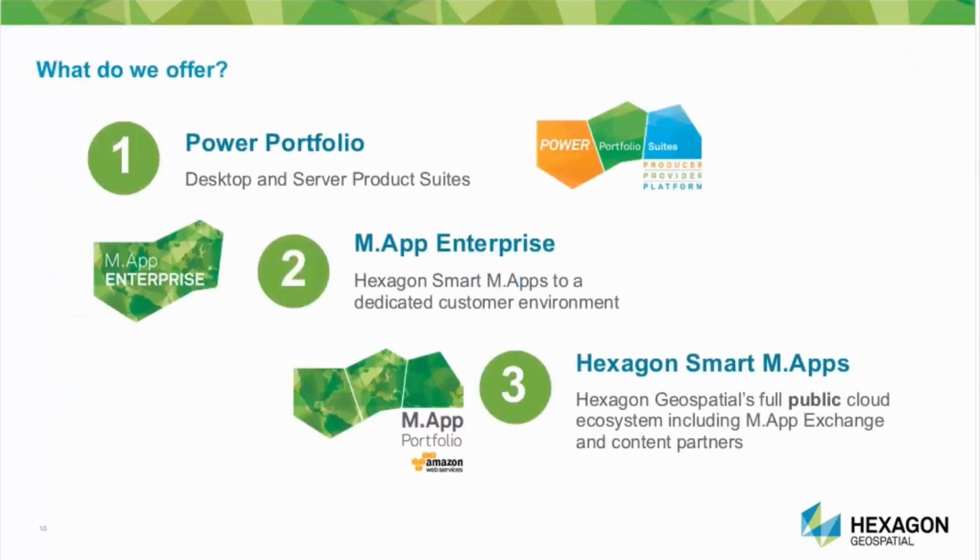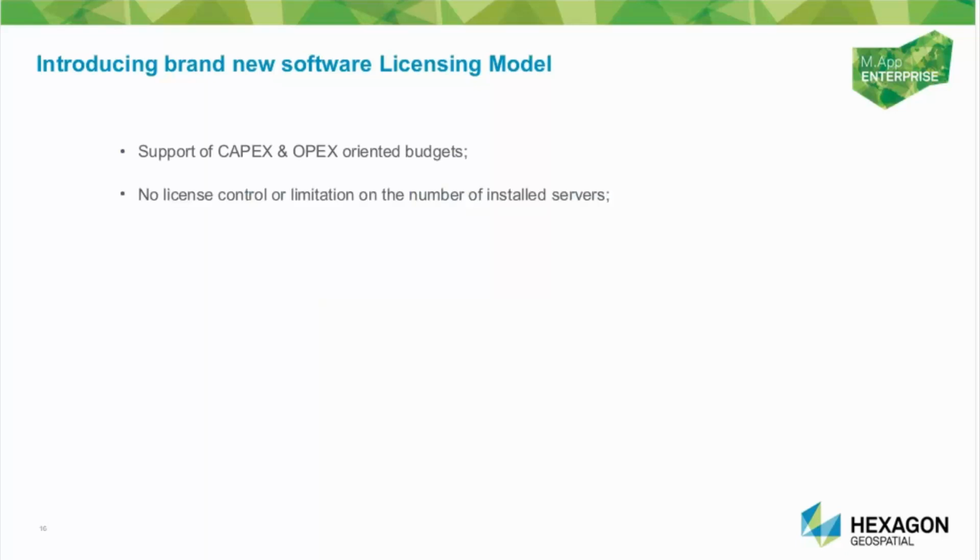Now, again, what do we have to offer at Hexagon Geospatial? First off, our portfolio. I've talked about the Hexagon Smart Map on our public cloud ecosystem, and I've been introducing you to Mapp Enterprise, which basically is for on-premise installation. Now, introducing a brand new software license model with Mapp Enterprise, we actually support CapEx and OpEx-oriented budgets.